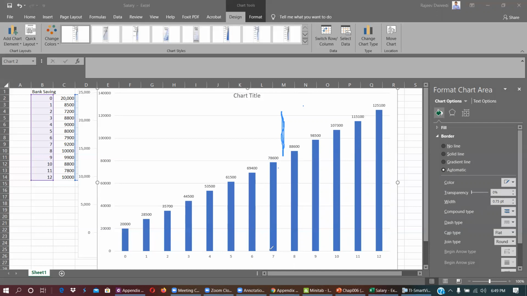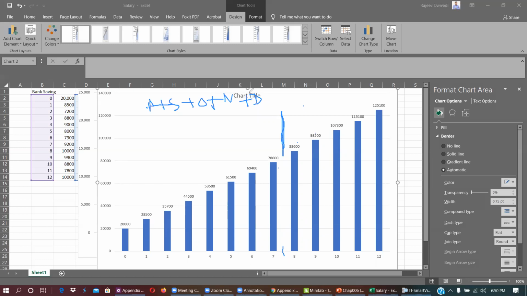This is July, month 7. After July, I have to see these months. It means I have to add July, August plus September plus October plus November plus December.